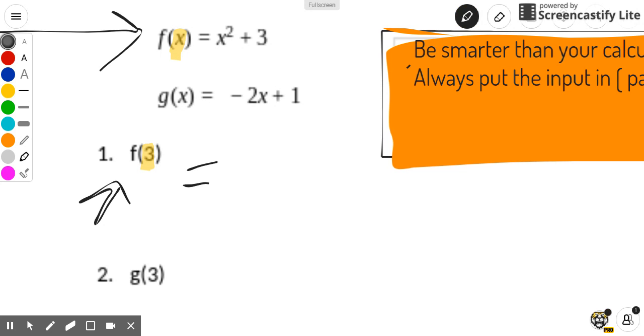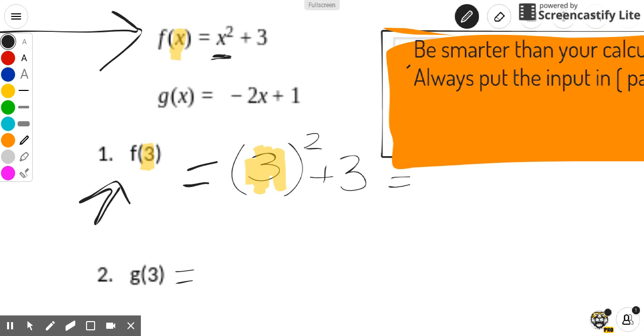So what that means is that I'm going to write my function, but instead of putting an x, I'm going to put a 3 in the place. But everything else is business as normal. And then I'm going to just take my calculator and evaluate this. So I'm just literally going to plug it in and see what I get.